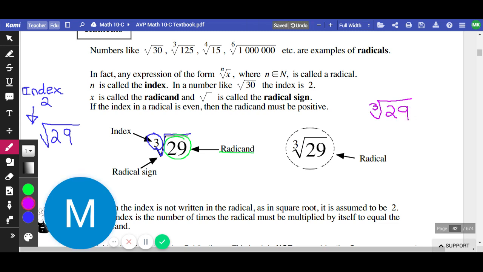If there was a number in front of your radical, I'm going to use the letter a to represent any number that would be in front of a radical. What do we call something that's in front of something like that? If you remember. That thing's a coefficient.